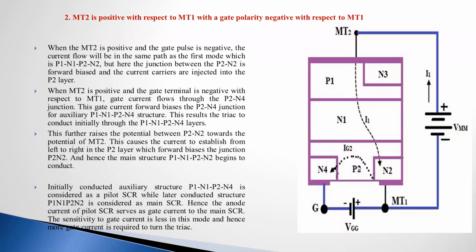Clear? By injecting the current carriers into the P2 layer, we can decrease the depletion layer at this junction, N1 and P2.